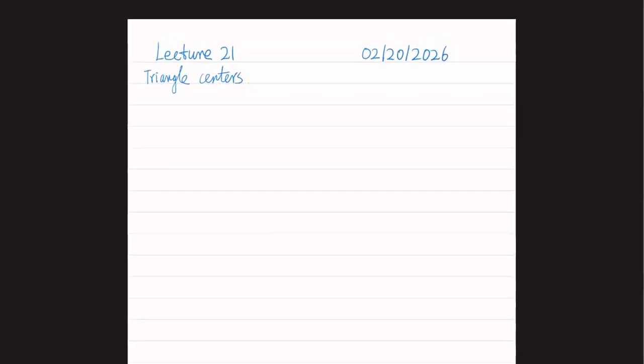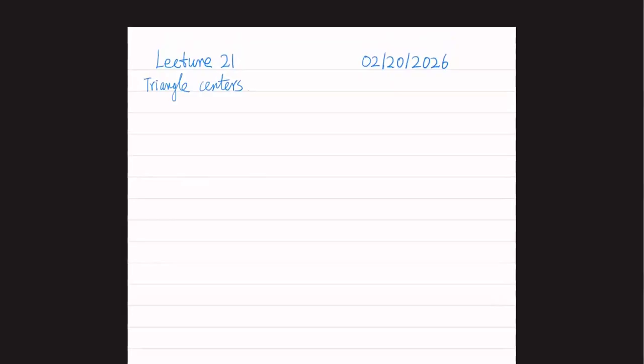Okay, so we will learn about triangle centers. The first notion for this will be concurrency.